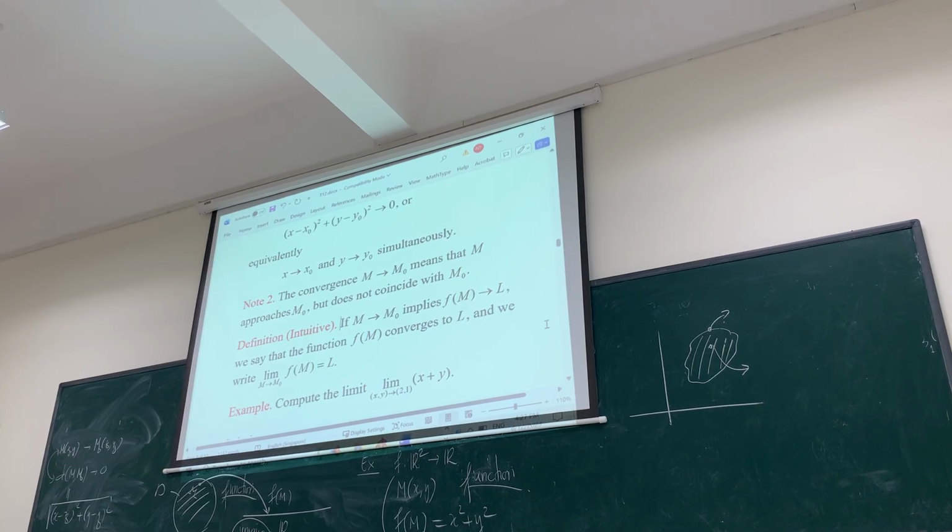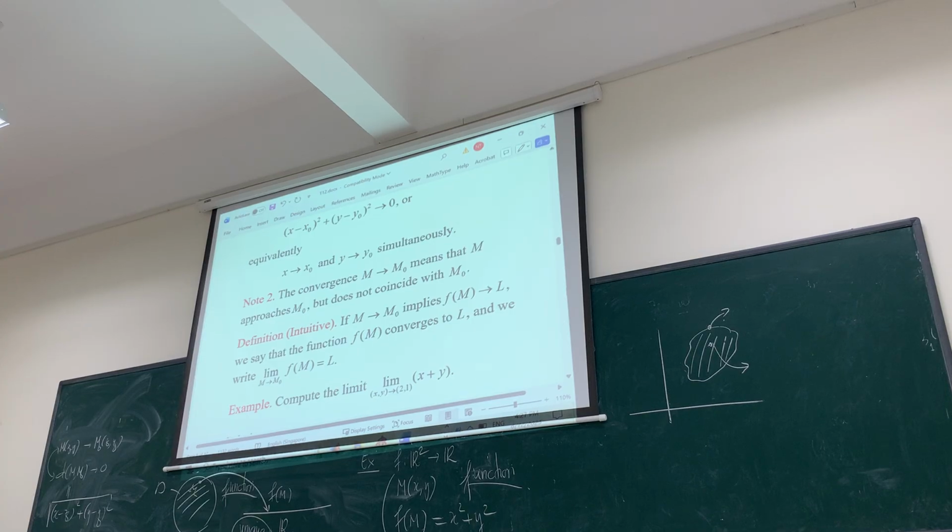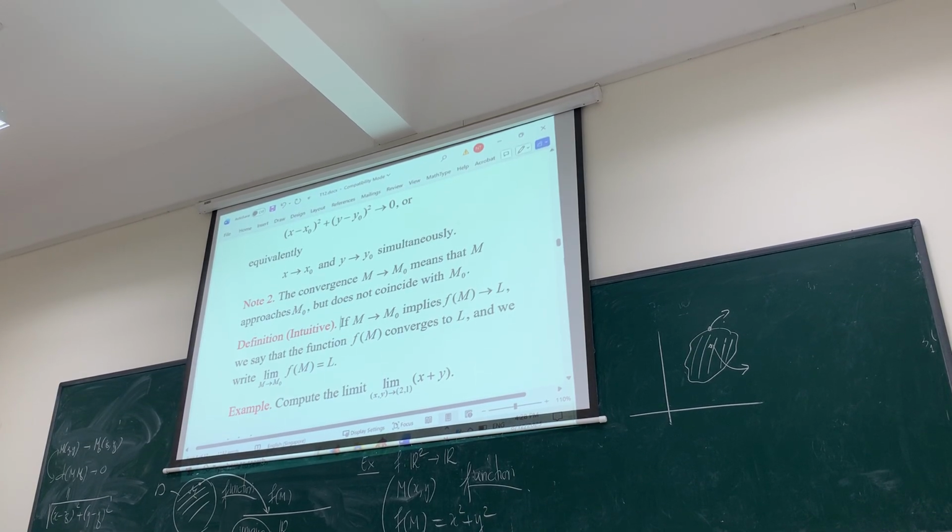For the intuitive definition, I give you an example. Compute the limit of x plus y when the point (x, y) tends to (2, 1).